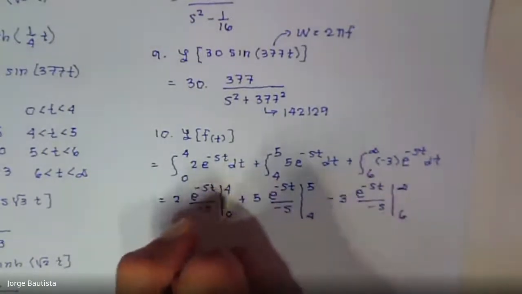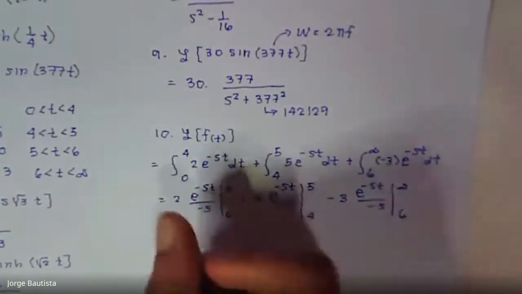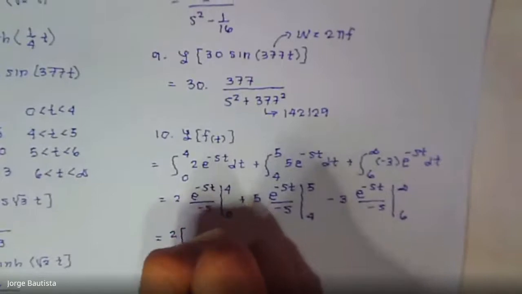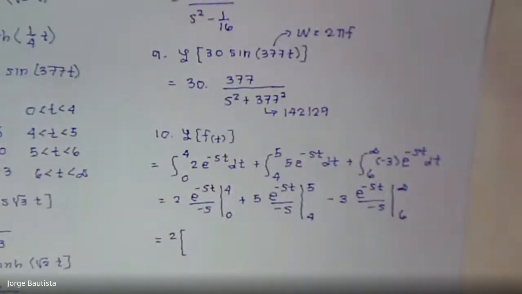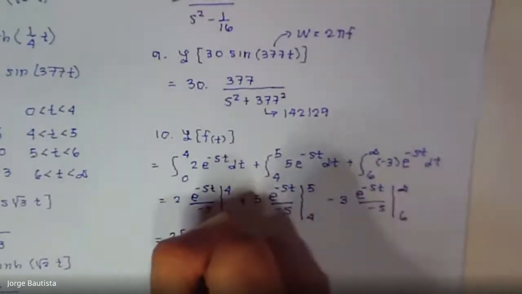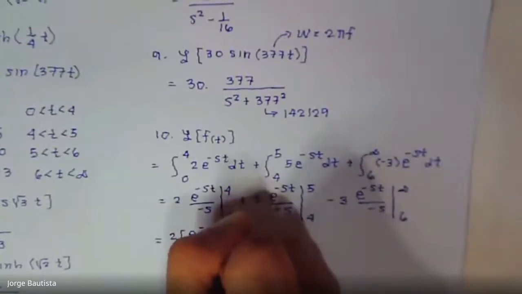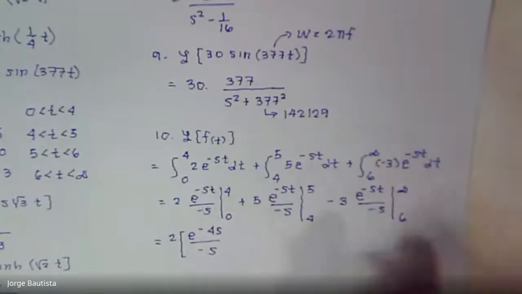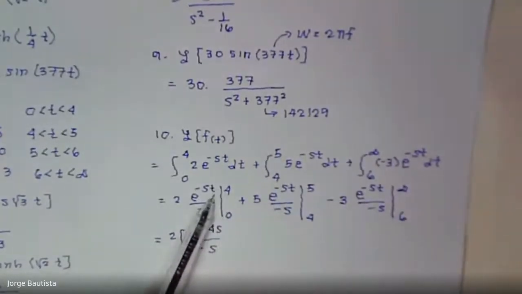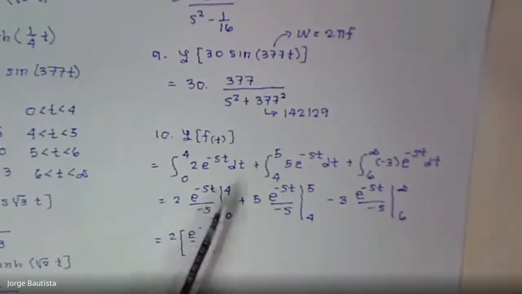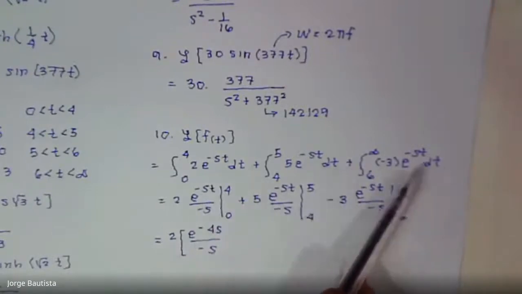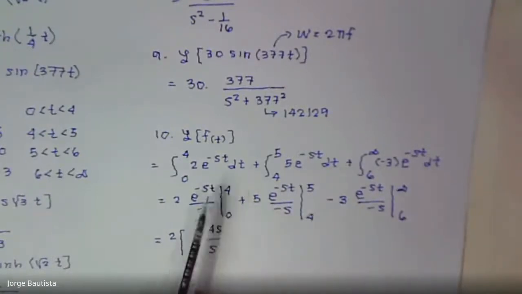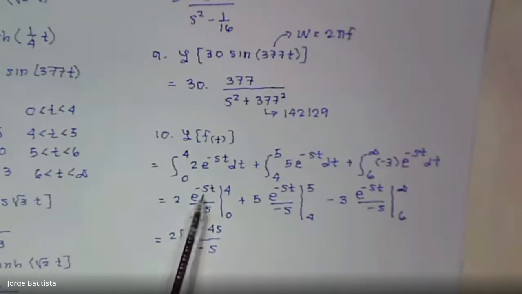Okay? So distribute the limit, that is 2. Okay, so you have e raised to negative 4s all over negative s. Di ba? Yung t ang pinapalitan dito, hindi yung s kasi integral with respect to t. Minsan ang estudyante nalilito yung s ang nilalagyan ng value. Okay?